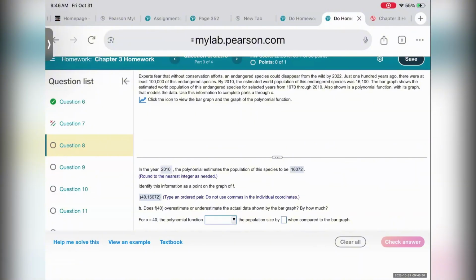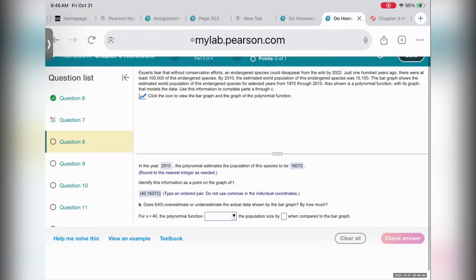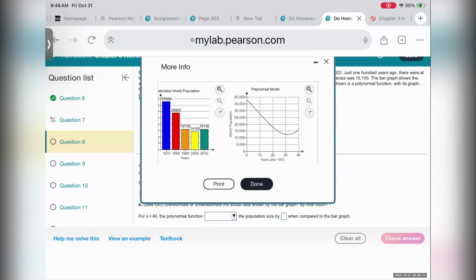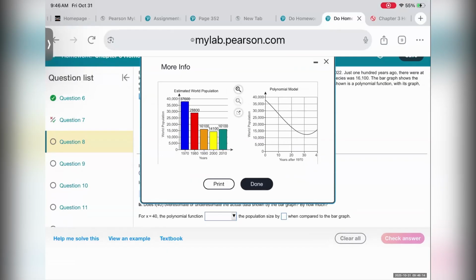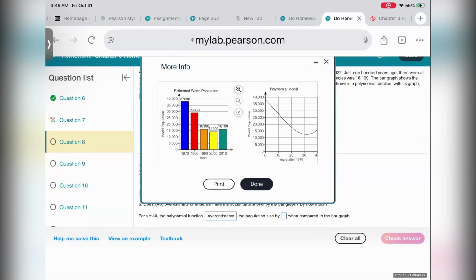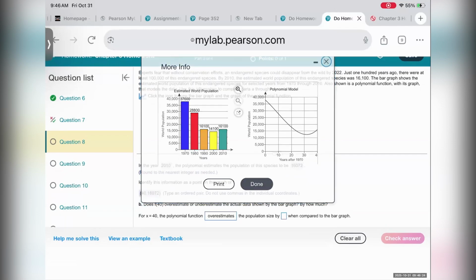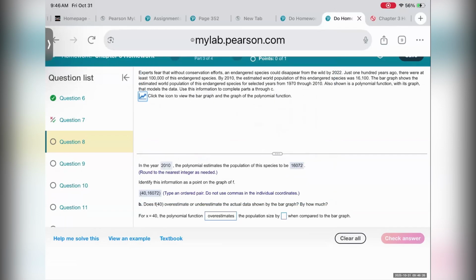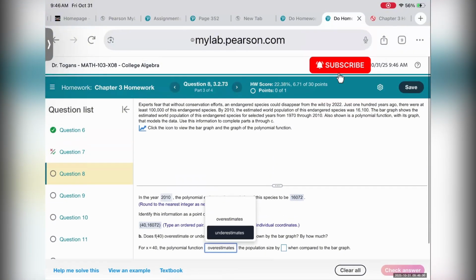I think it overestimates, doesn't it? Because it's bigger than 16,100. Okay. 50-50 chance you get it right. Oh wait. No, it underestimates.